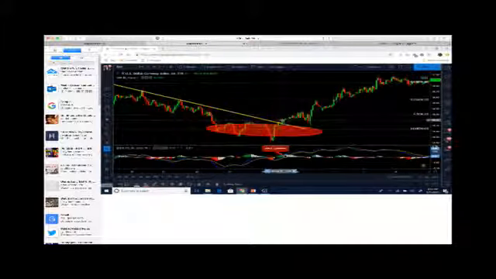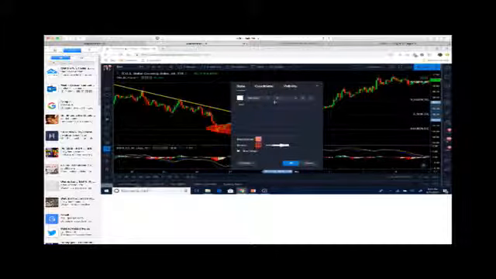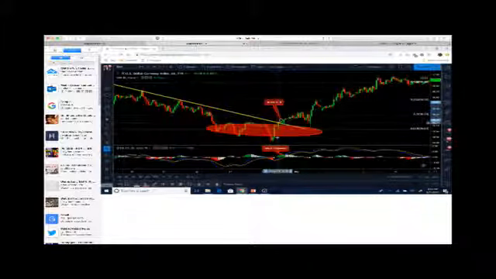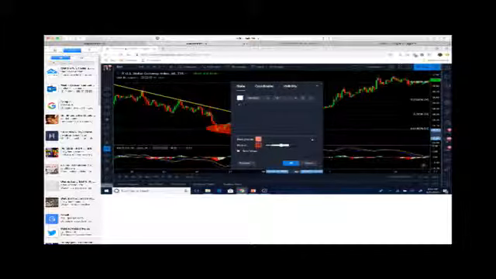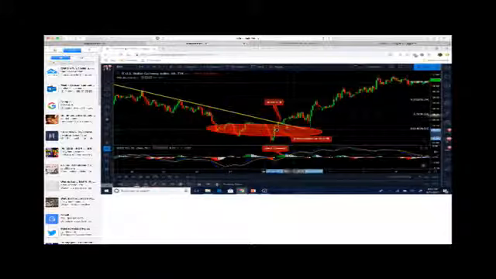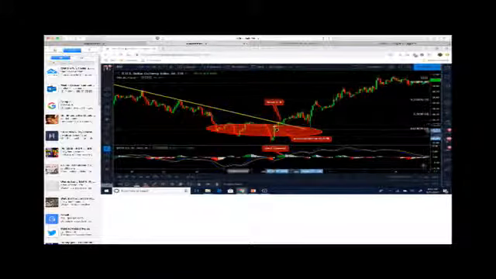I got my break of the trend line. I got these multiple confluence here. And then, of course, I got the bounce, right? Price rejection on the 61.8 fib level. So you see how I use multiple confirmation before I buy or sell?